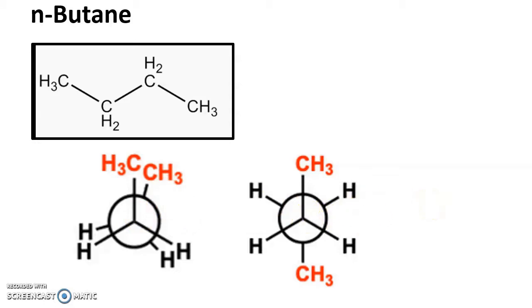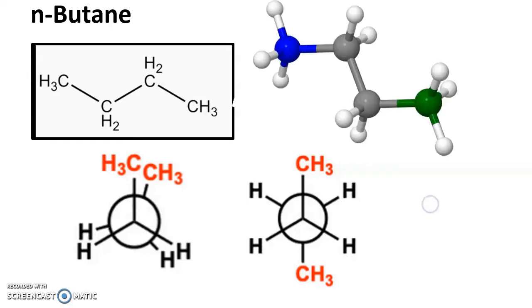Now to study the conformational analysis of butane, we can take the help of the ball and stick model of butane. This is the ball and stick model of butane. You can see here butane has a central C-C bond and then two terminal C-C bonds.